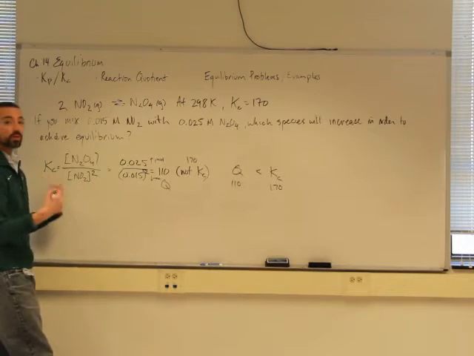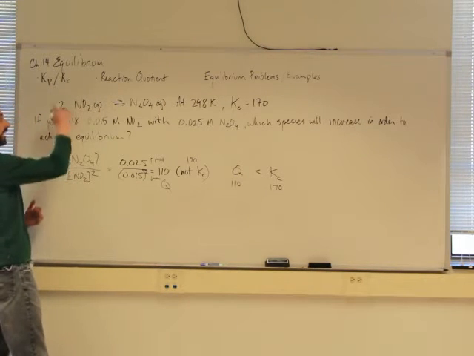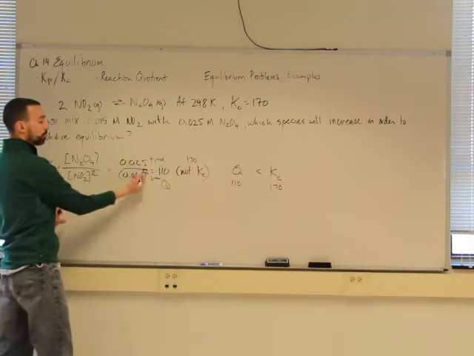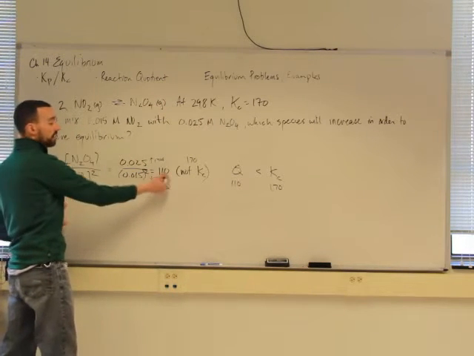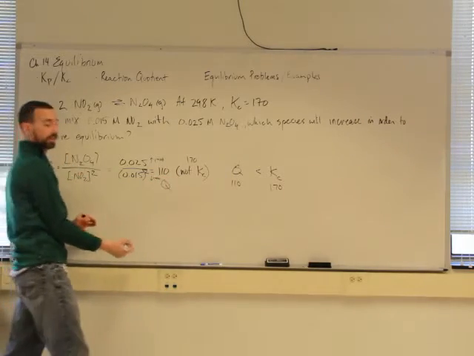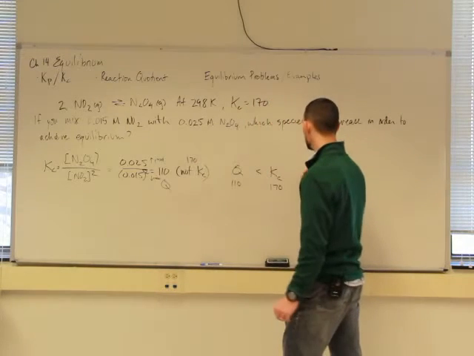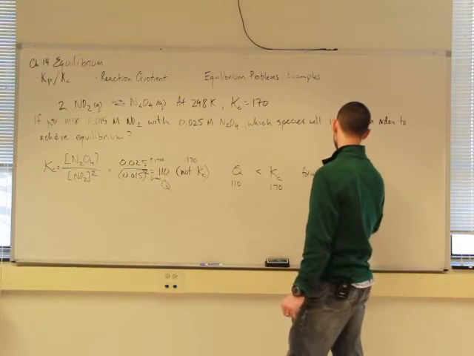If the forward reaction occurs, right? More. So if NO2 turns into N2O4, that'll bump up this number, bump down the denominator number, and the overall result would increase until we reach 170. So anytime Q is less than Kc, the forward reaction is going to occur.